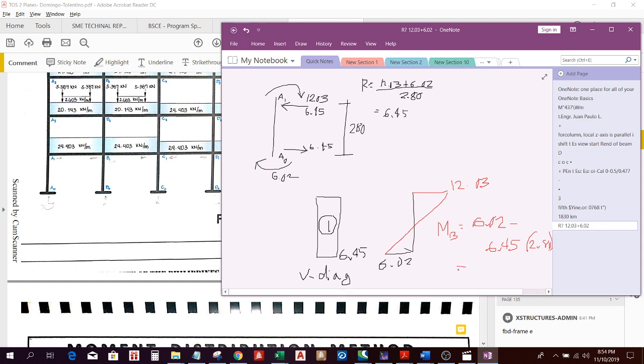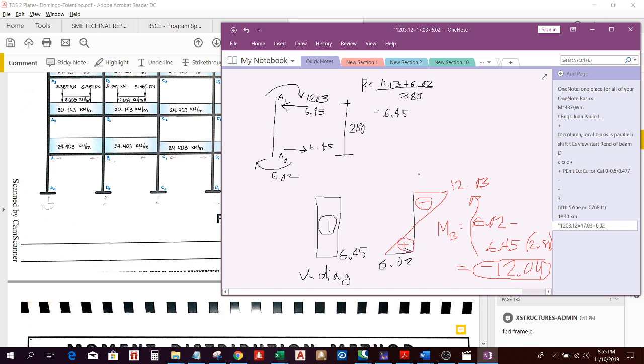What's the answer? 6.02 minus 6.45 times 2.8. So there you go. You have negative 12.04. So there's a discrepancy of about 0.01.